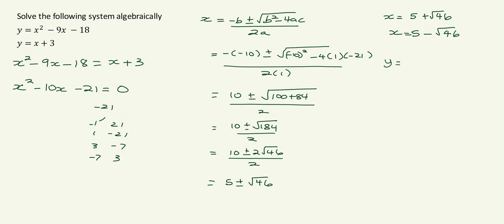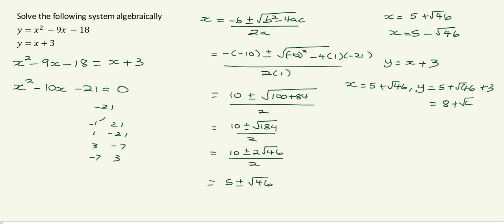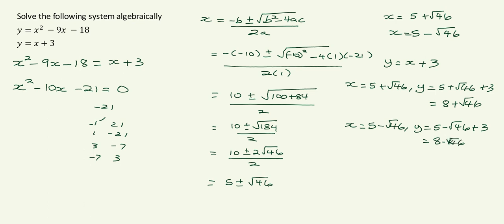Now we were told that y is x plus 3. So x equal to 5 plus square root of 46, y equal to 5 plus square root of 46 plus 3, which is 8 plus square root of 46. X equal to 5 minus square root of 46, y equal to 5 minus square root of 46 plus 3, which is 8 minus square root of 46.